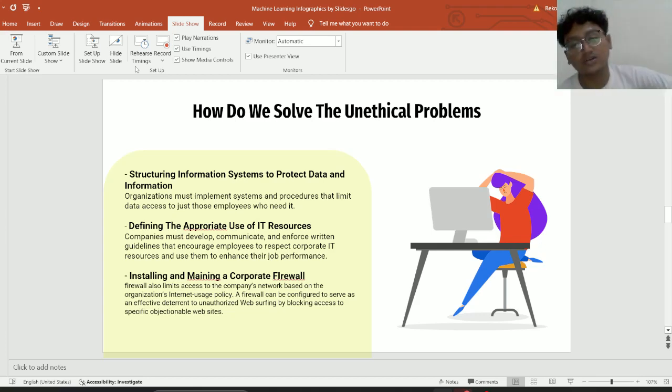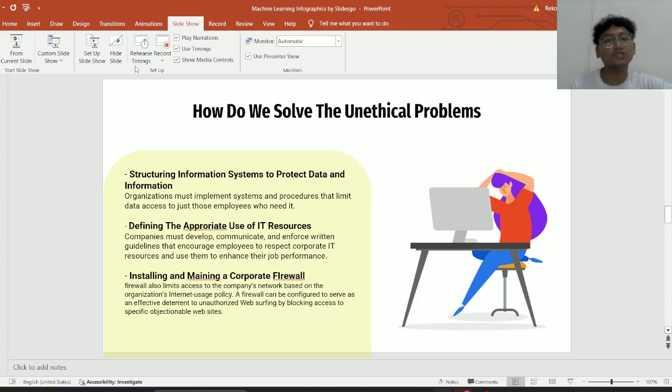Some companies or organizations must implement systems and procedures that limit data access to just those employees who need it. So here, we can say that we're gonna limit the data access.